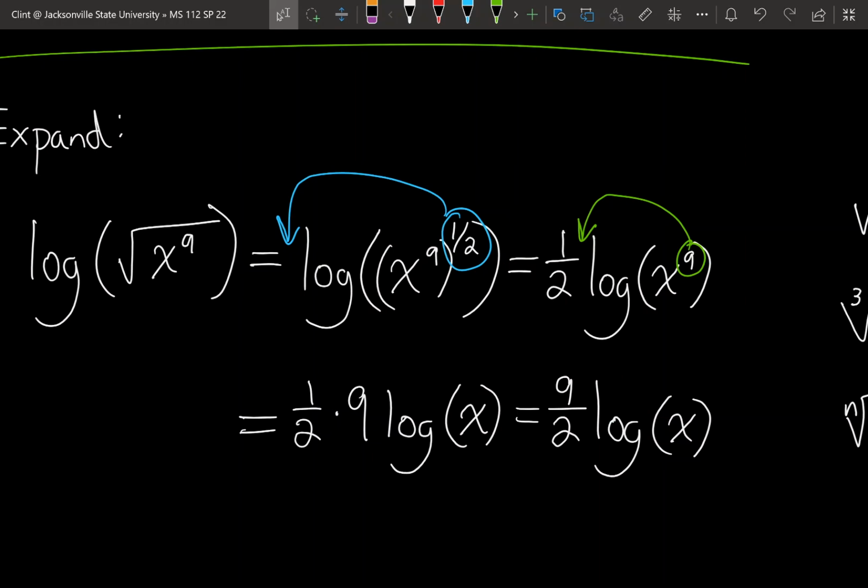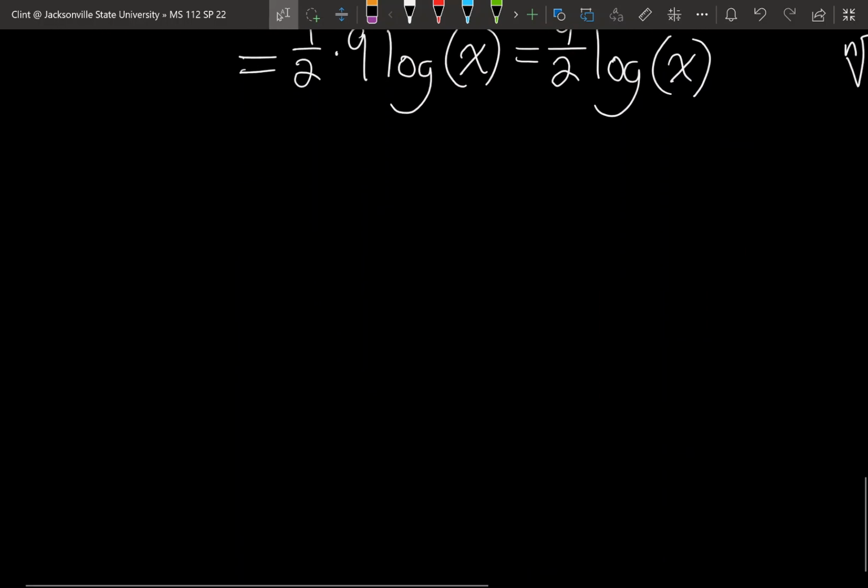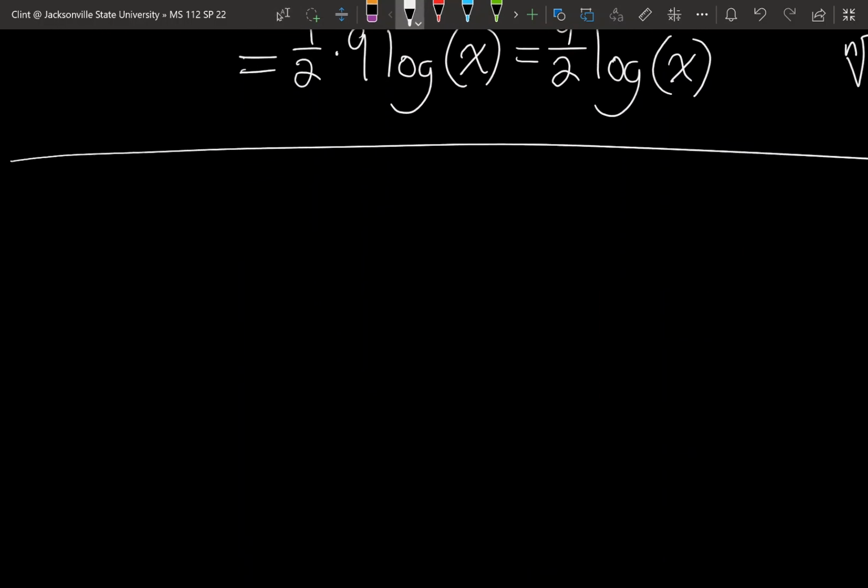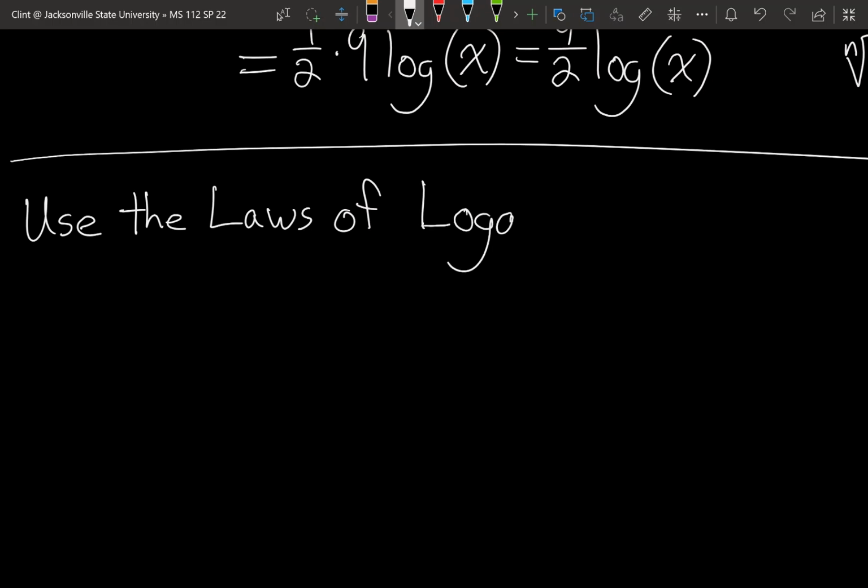Let's combine this with a little of what we talked about last time. There'll be a few problems in the assignment that say use the laws of logarithms, so use these properties we just talked about to evaluate the expression.